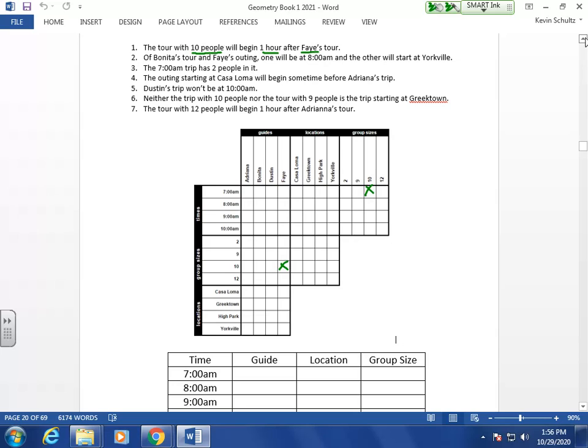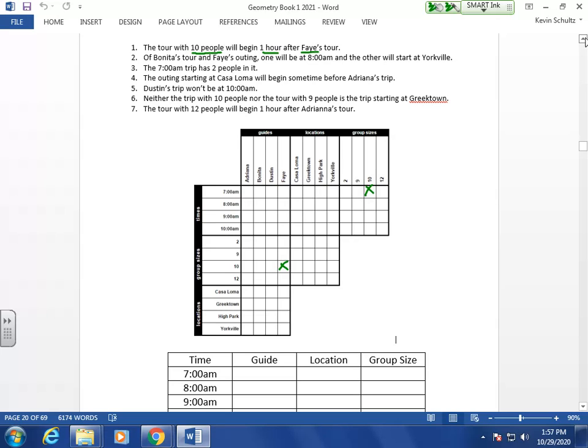Did you mean to say that the tour with 10 people can't be at 10 o'clock? Yeah. I don't think there's enough to conclude whether it's 8 or 9, but could it be 10? Well, it can't be after 10, but there are no tours after 10. 10's the last one.